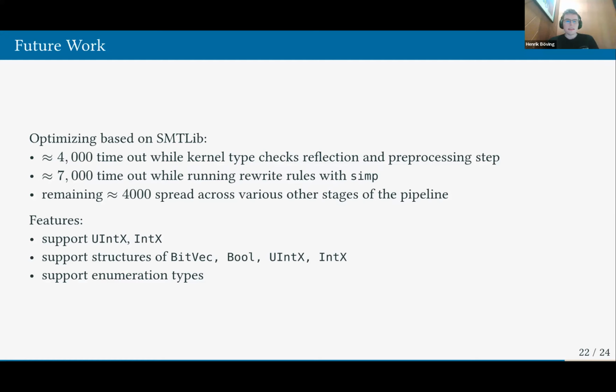And that already gets us to the future work section. The first thing is, of course, we can now do optimizations based on our observations in the SMT-lib dataset. We saw that 4,000 problems time out while we are in the kernel type checking, the reflection and pre-processing. So exactly the stuff that we don't do in COG QFBV.